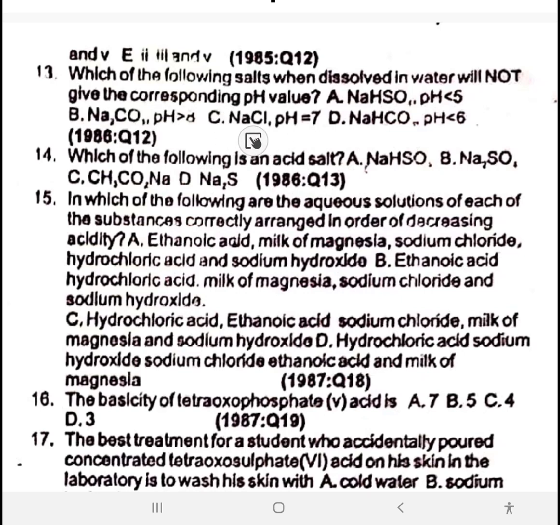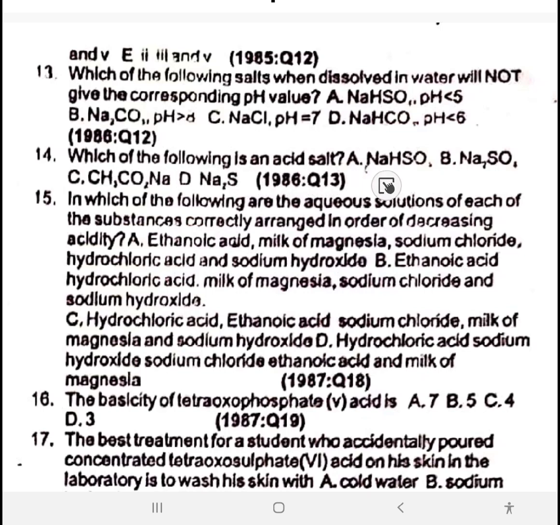This option C, from HCl, equals 7. While this one, NaHCO3, similar to option B and option D, what will it give you? It's supposed to also give you pH greater than 7, but here it's giving you pH less than 7. So the correct answer will be option D.